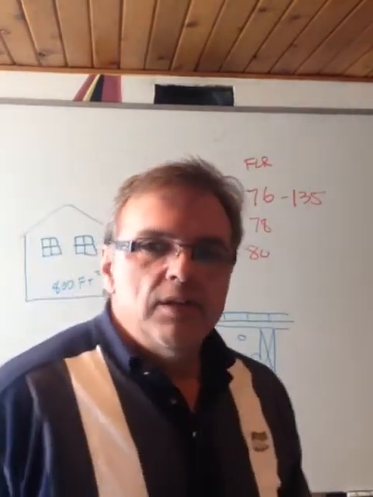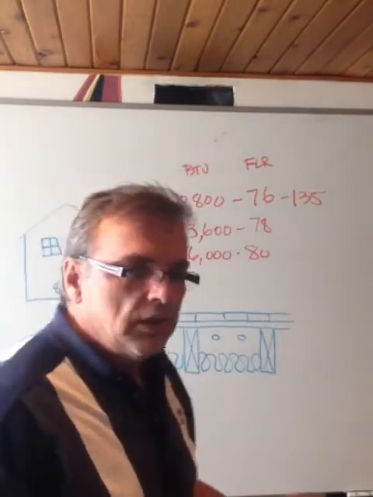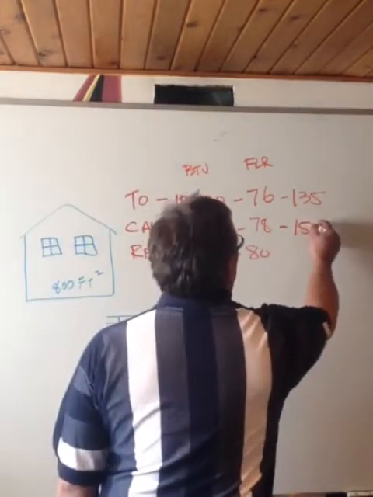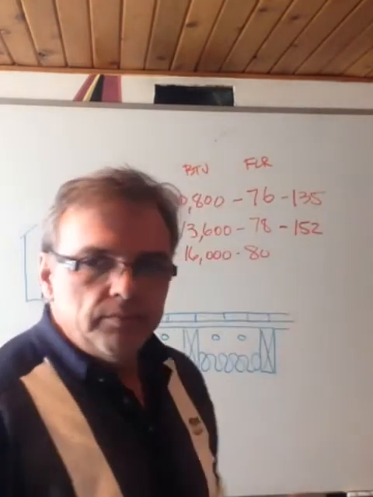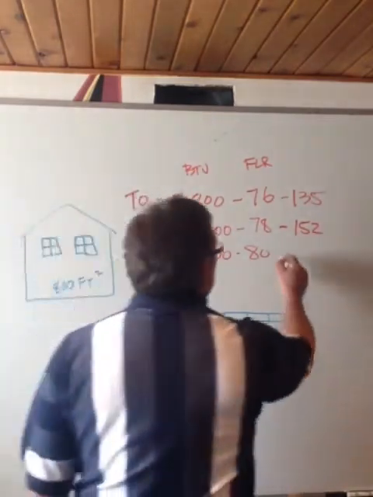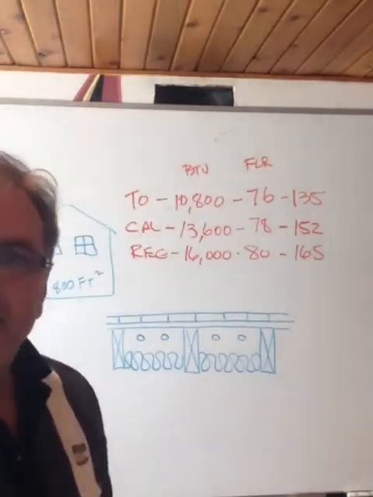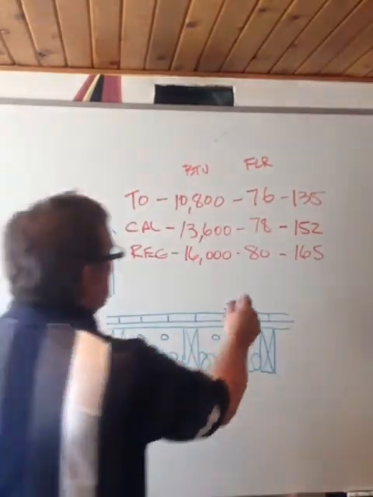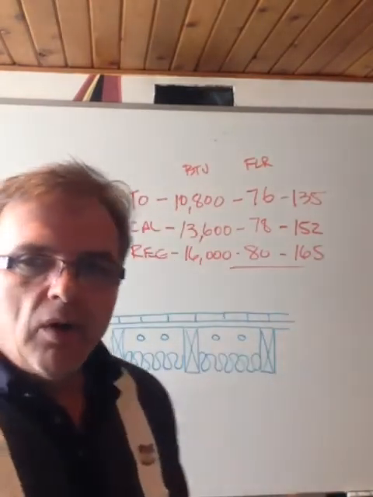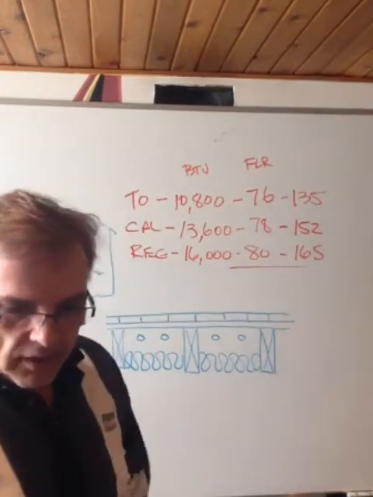So, taking that into consideration, I found out we needed 135 in Toronto. Now, because the floor is a little hotter in Calgary, that number becomes 152. And in Regina, of course, colder yet, the number is 165. And this is where the problem lies. You need very hot water to achieve that 80 degree floor surface temperature. Now what happens?